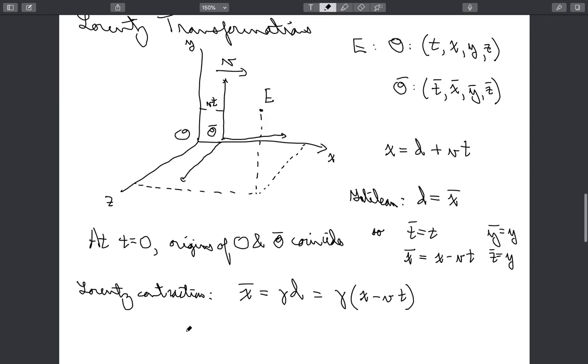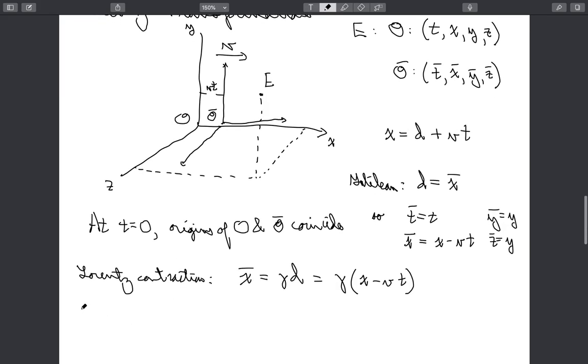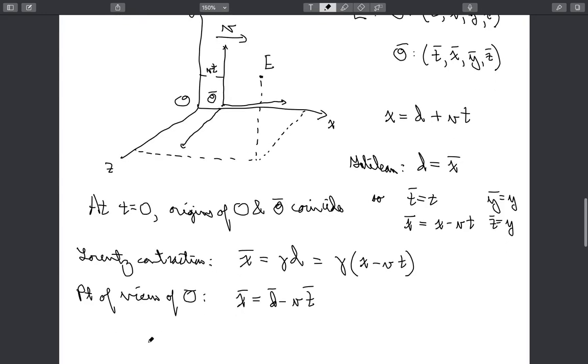So from the point of view of O bar, the other coordinate would be related like this. Precisely the same as here, but now as if the other frame was moving in the other direction, so a change of sign of the velocity. But again, invoking Lorentz, it's the same thing the other way around.